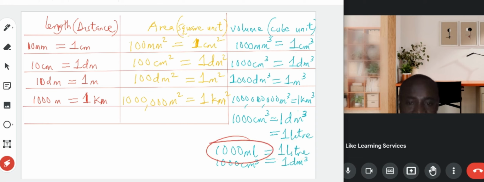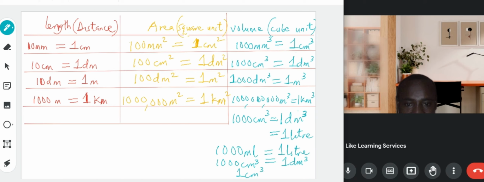So if 1,000 milliliter is 1 liter and 1,000 centimeter cube is 1 decimeter cube or 1 liter, it means 1 centimeter cube is equal to 1 milliliter.